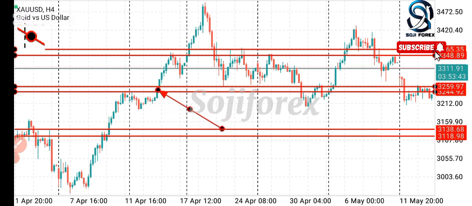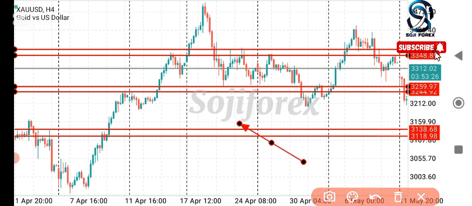Then when price broke out of it, price went to the upside, came down, continued to the upside, and then look at here. Price came to retest this particular resistance that was broken. So when price left here to this upside, this retest of price to this zone automatically validates this zone as a support.